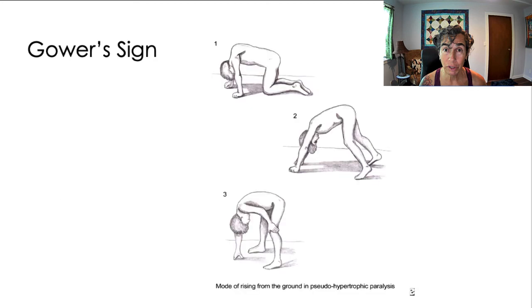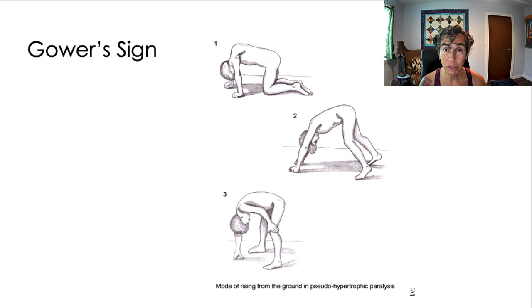So typically, we would rise from the floor by, in picture 1, we're in quadruped. Then in a typical individual, you would go into a kneeling position, a half kneel, and then a stand. Well, in the child with Duchenne's muscular dystrophy, the muscles are becoming so weak, especially around the pelvic girdle and the shoulder girdle, and with this pseudo-hypertrophic paralysis of some of the muscles, that the child needs to climb up their body.